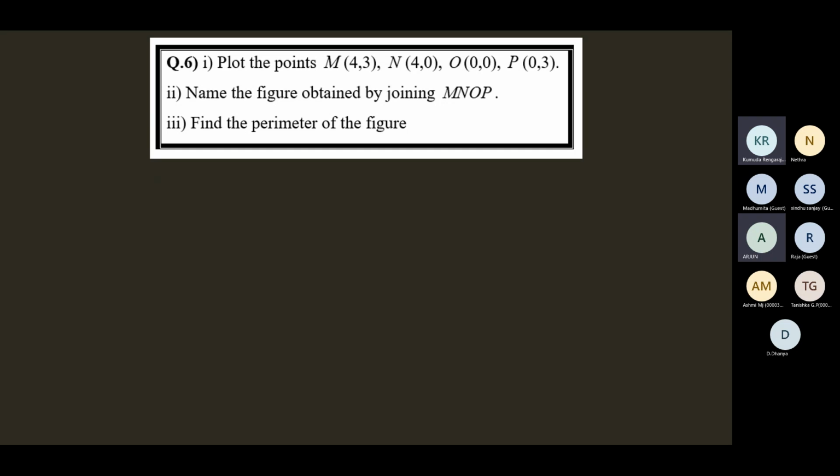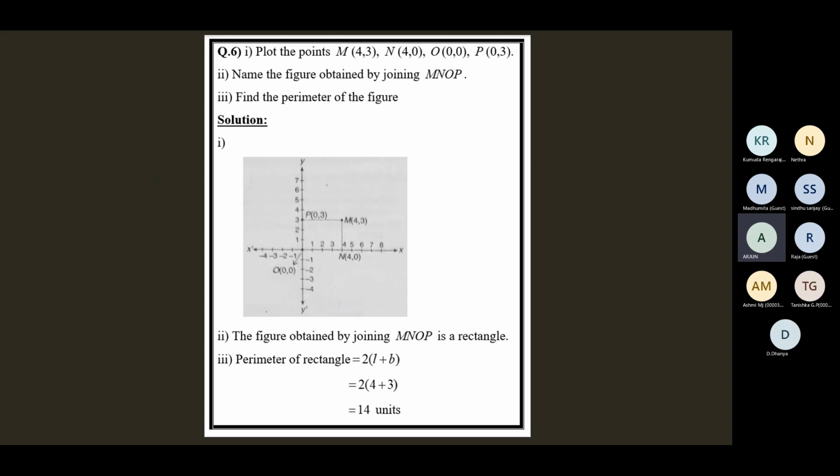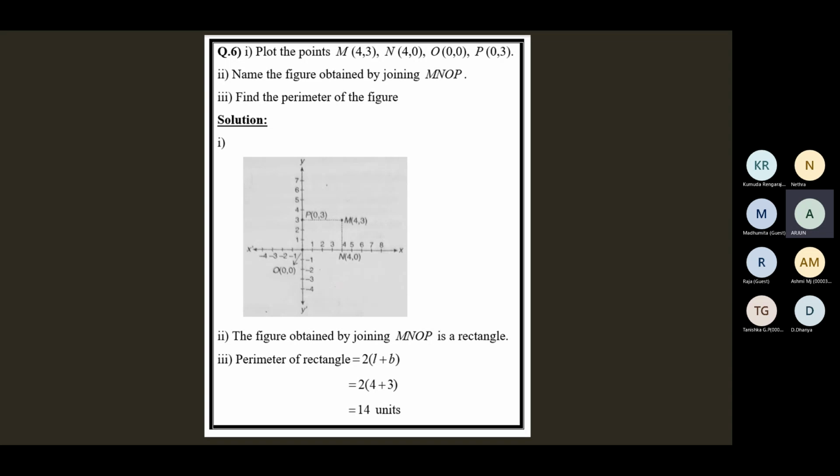So this also you'll have to know: plot the points and name the figure obtained and find the perimeter. I'm not explaining anything, children, because it's simple. Just go through. Plot the points. You get a rectangle.